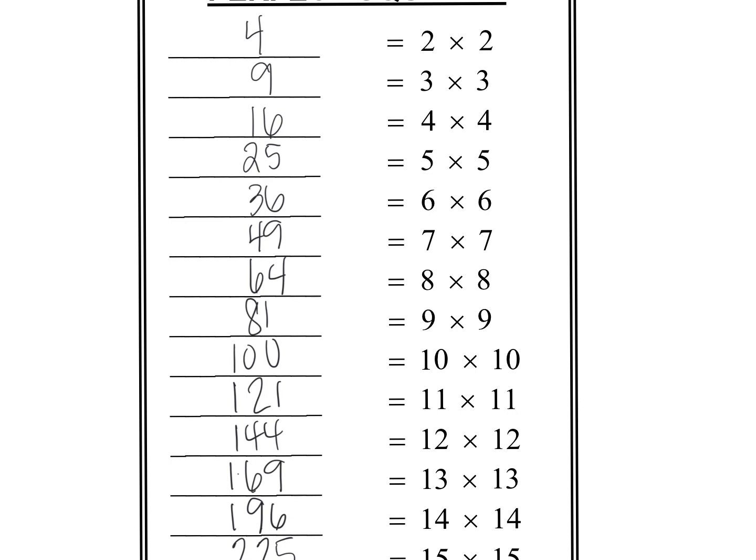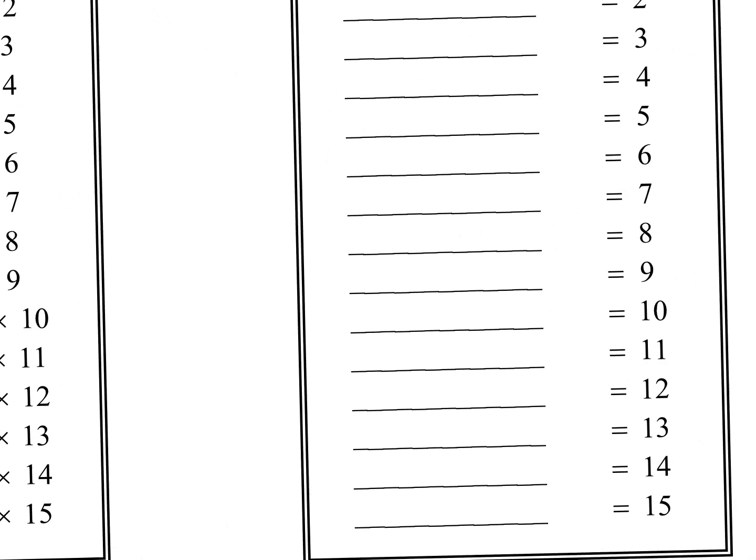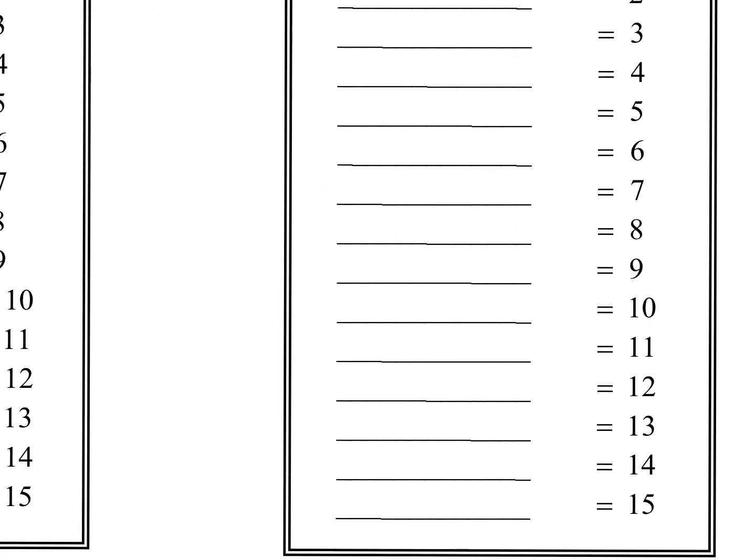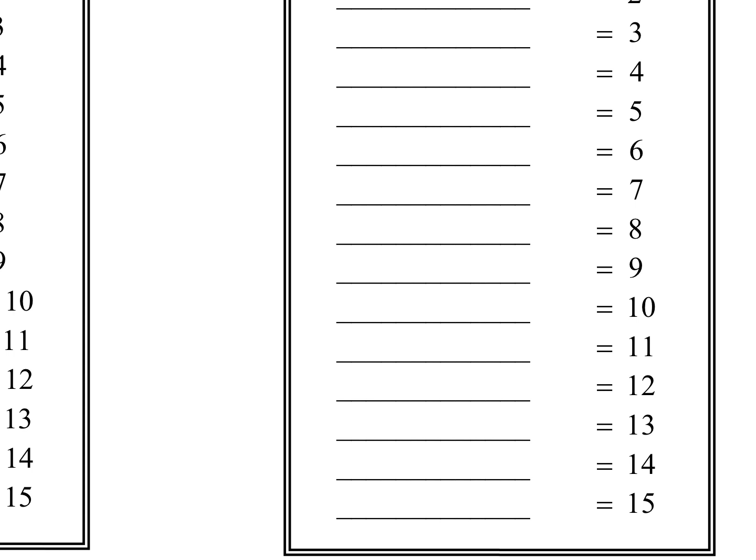Okay, so those are our perfect squares, and those are factors that we're going to be looking for inside our roots as we simplify. So if we move over here and talk about the square roots, I want to know what number underneath the square root is going to be equal to 2.